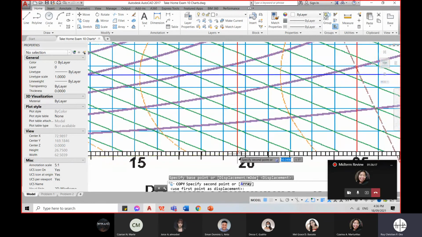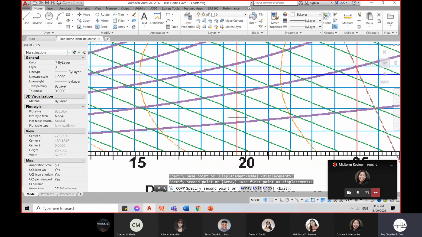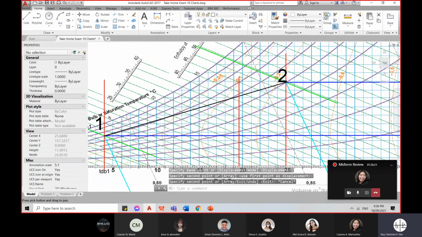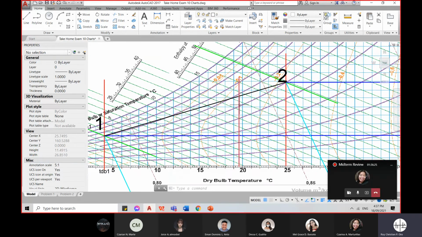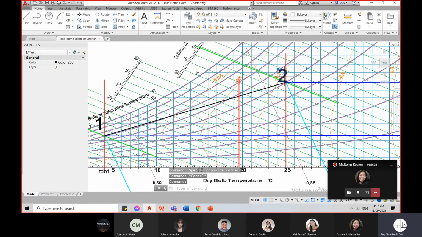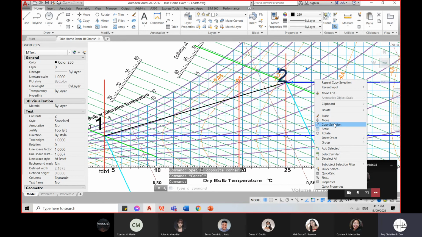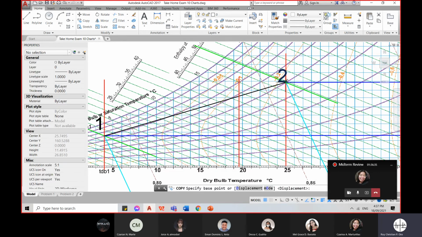So there siya. So di ba usa ka thermodynamic property ang kailangan, usa ka psychrometric property ang kailangan para makuha ang state 3. So that's how you get it. So atong i-label para dili libog. So this is state 3.